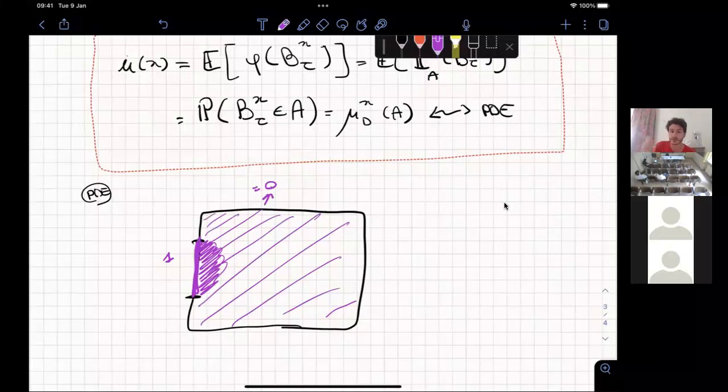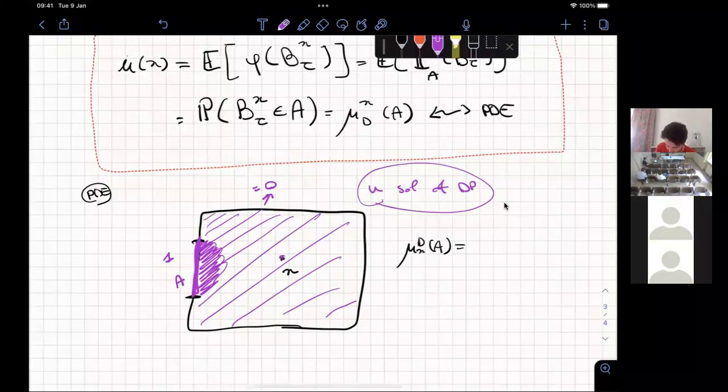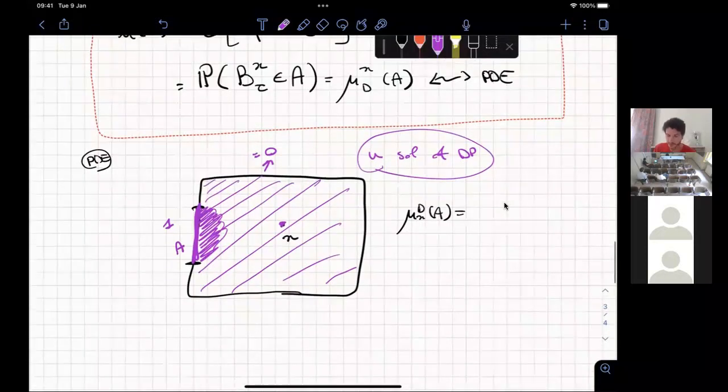And when you are looking at the harmonic measure of this set, this is A, depending on X, what you say is just, okay, take X here and mu_x^D of A is just what this function, the solution of the Dirichlet problem, is: the value of this function at X. So it is this value, which won't be 0 because you are decreasing, but it will be a function which solves this PDE.